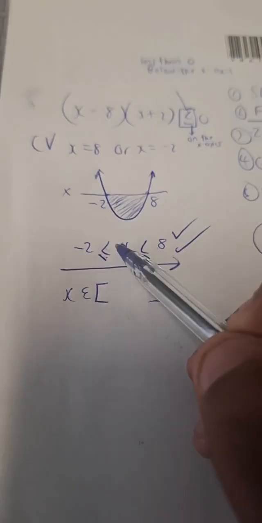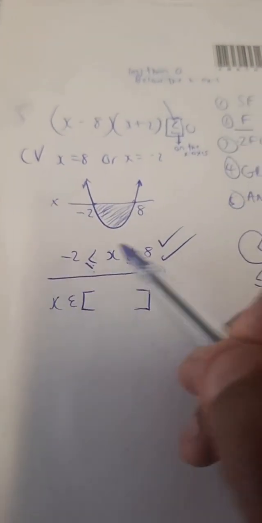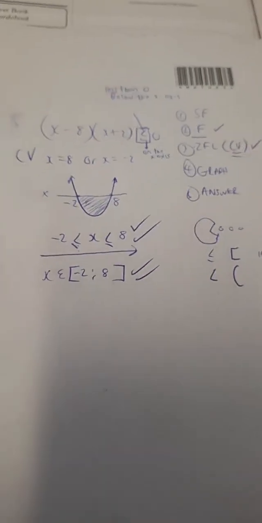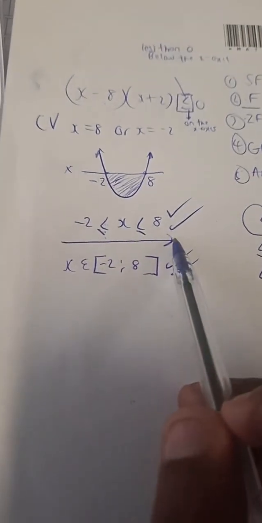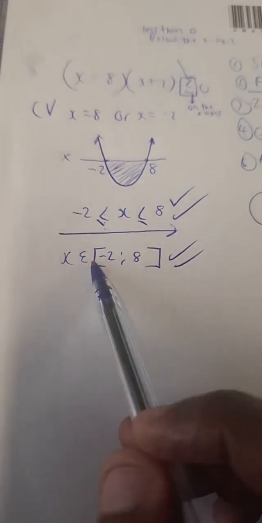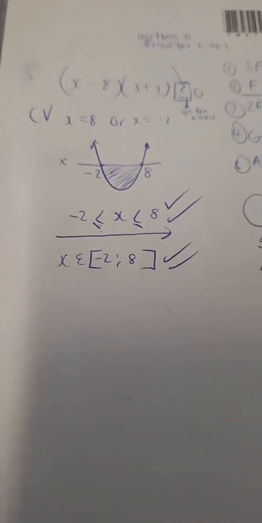It must be greater than or equal to negative 2 but less than or equal to 8. So then you can say from negative 2 to 8. This is another way of writing the answer. So you choose. Do you want to write your answer in inequality form or in interval notation? If you write your answer in this way, you will get all your marks.